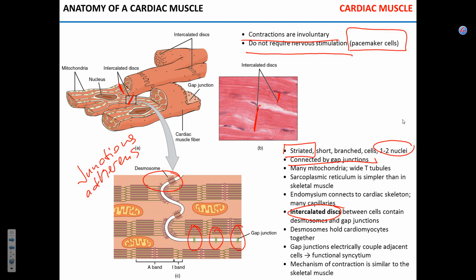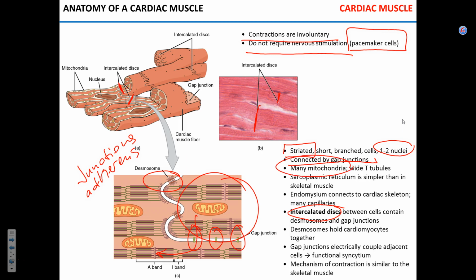You cannot possibly innervate every muscle cell. So when depolarization happens in one cardiomyocyte, this depolarization can be communicated to another via gap junctions. Does that make sense?